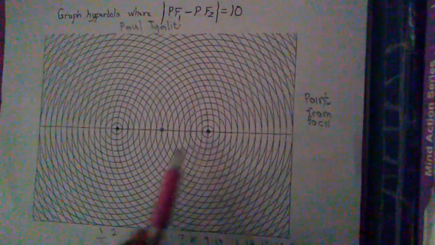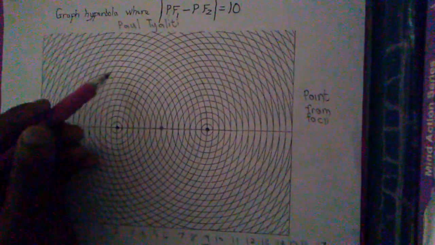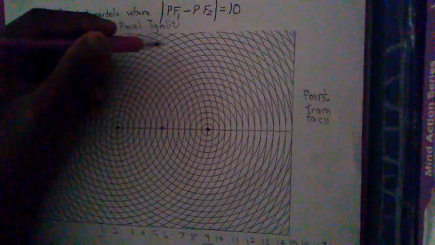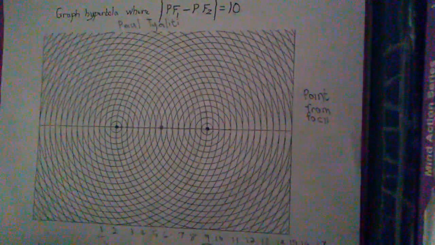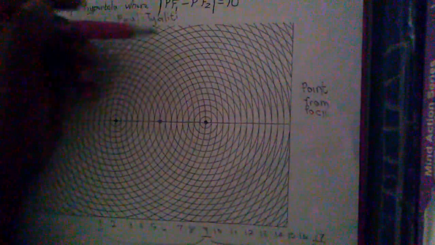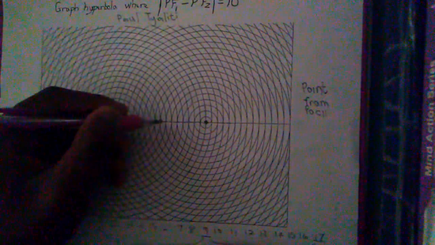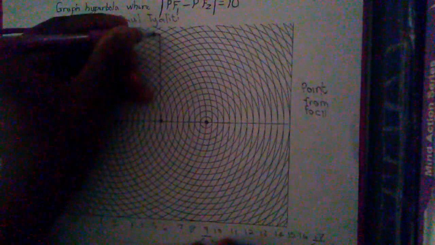PF2 means it's a point from foci 2. And so another thing that I like to do is that I like to extrapolate an XY plane, or as we would normally call it in Africa, a Cartesian plane. I'd extrapolate a Cartesian plane from this midpoint over here.